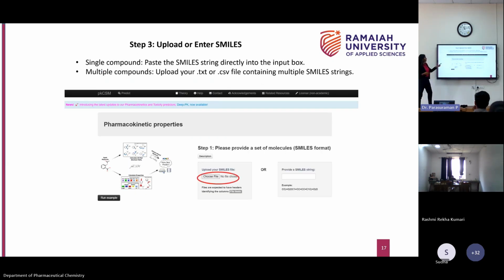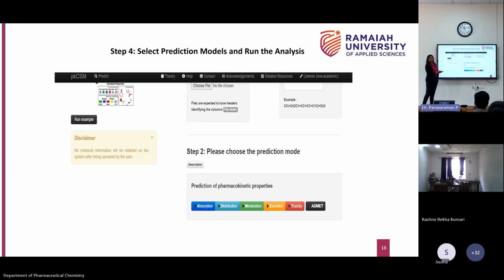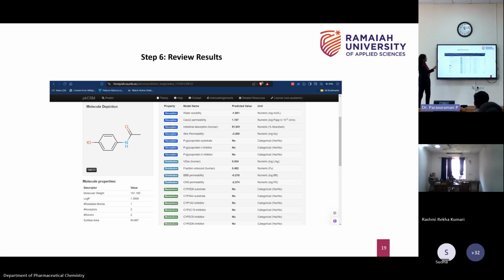After putting your SMILES there, you scroll down and you will get a window like this. You can predict any property: absorption, distribution, metabolism, excretion, toxicity one by one, or if you want them together, you can directly click on ADMET. Once you click there, you will get a result like this.